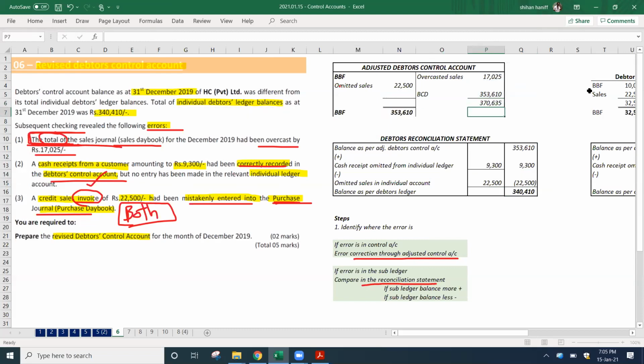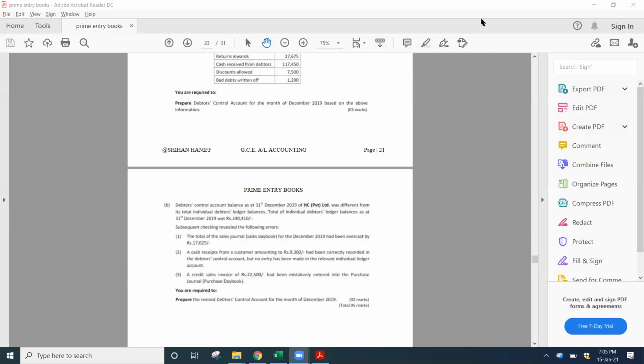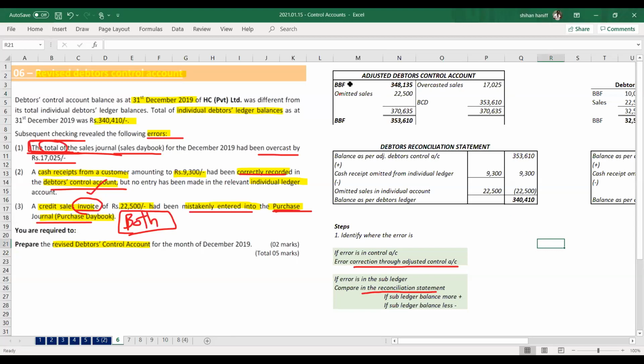Total inside balance is 370,635. Opening balance 348,135. This is the opening balance. Right.